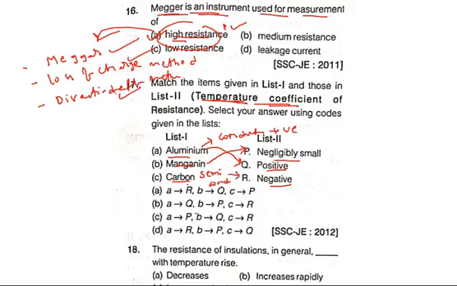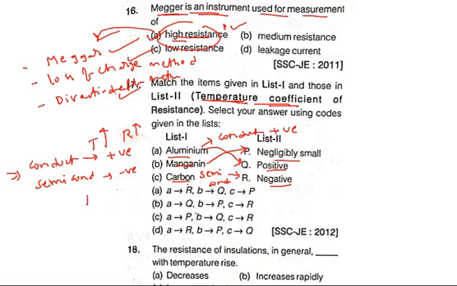Again I am repeating, see here. Conductor, semiconductor. A conductor has a positive temperature coefficient and a semiconductor has a negative temperature coefficient. Positive temperature coefficient means when temperature increases, resistance will increase.